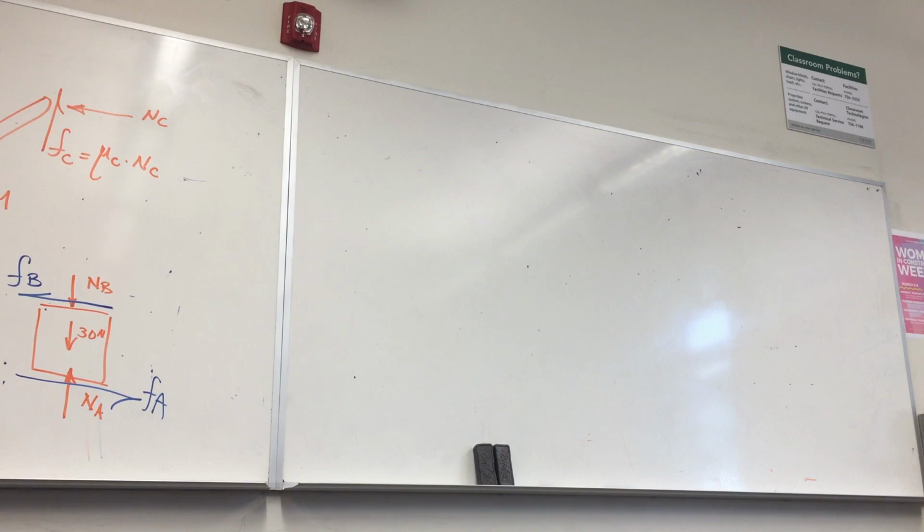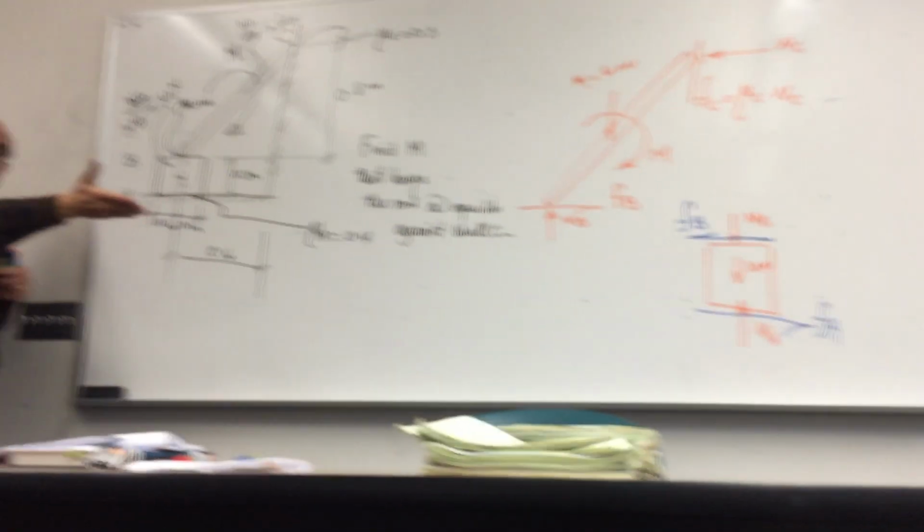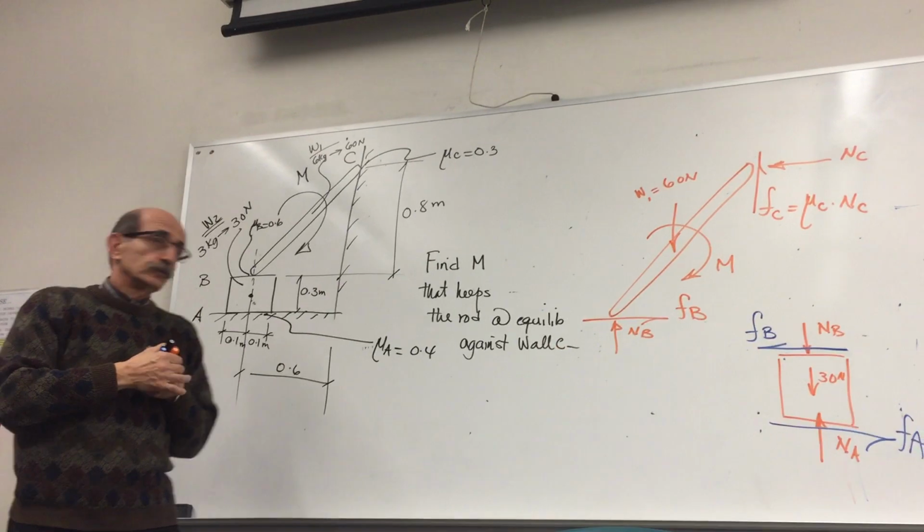Yes? Is there no x component of NB even though the member is at an angle? You mean here? It's almost like a roller here, right? A roller that has friction. So the only force would be the normal reaction, right? The X component is that friction force, right? Which we would have if there was friction.